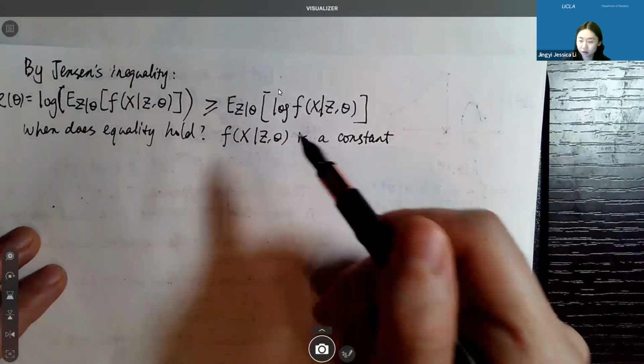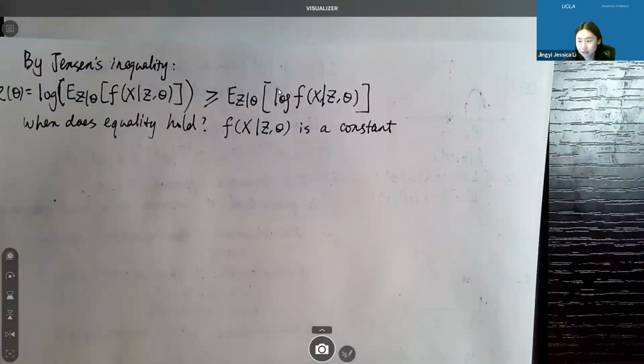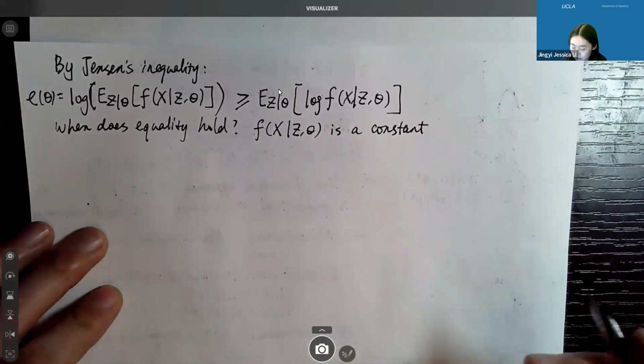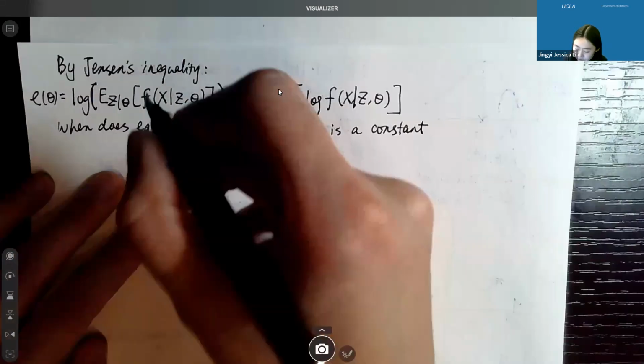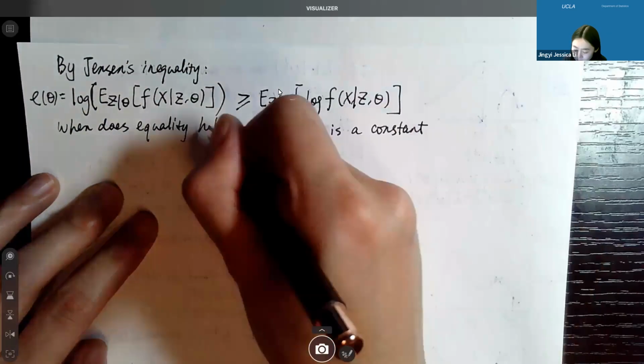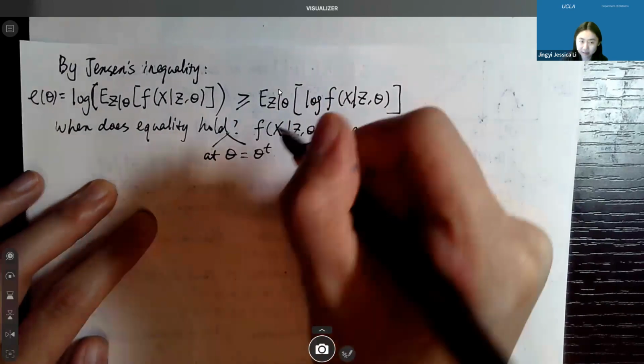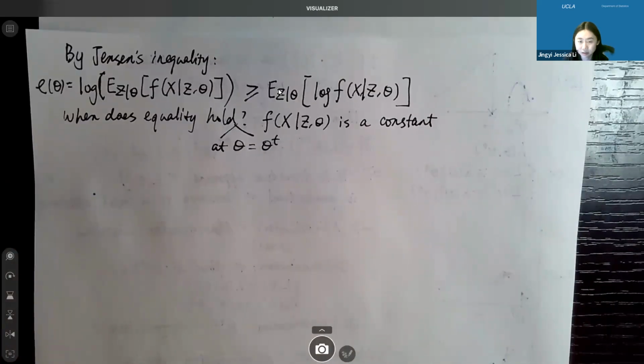It no longer varies. And then let me ask you the question. What is the random variable in this conditional density I wrote here? Any idea? Okay, probably I didn't make it super clear. So the equality holds, maybe I should say, when does the equality hold at theta equals theta t? Let's say that we already finished t iterations and then we want to continue.